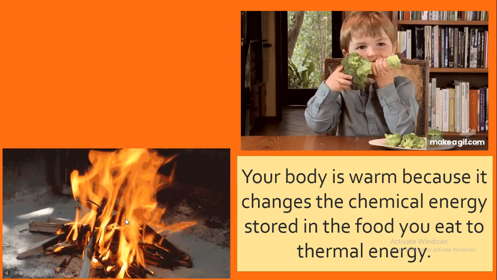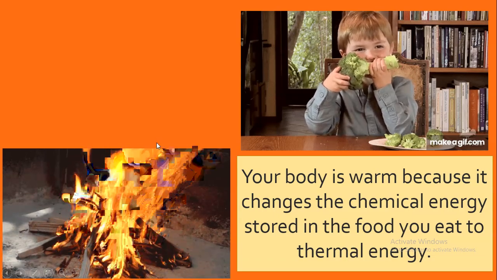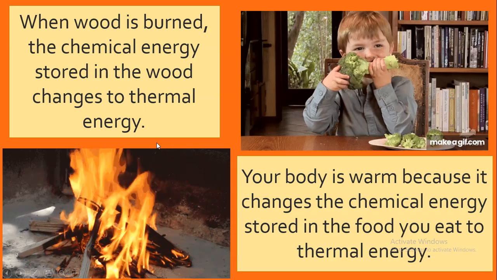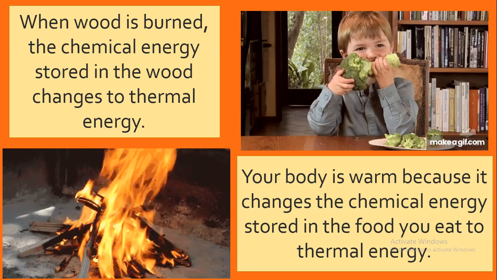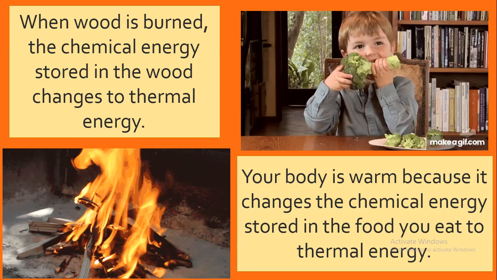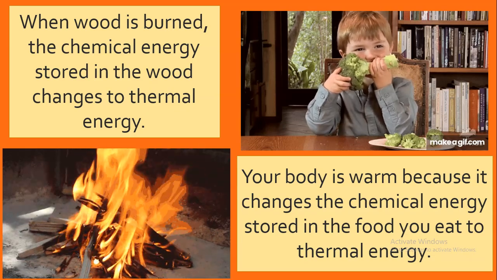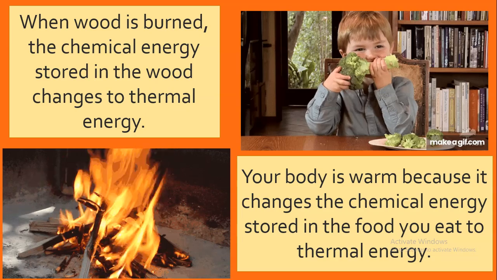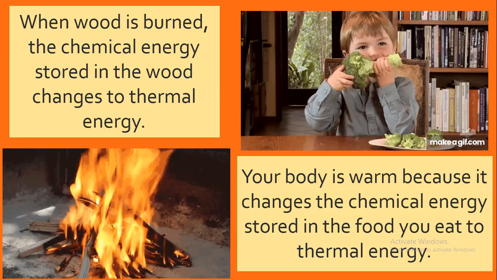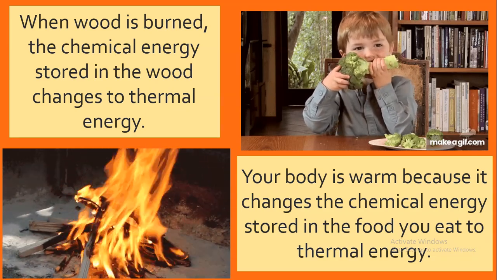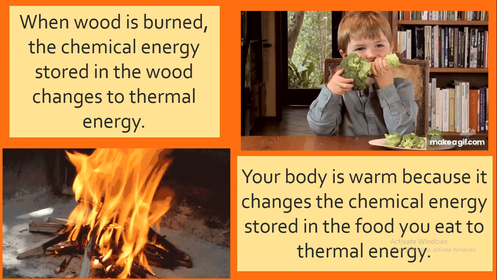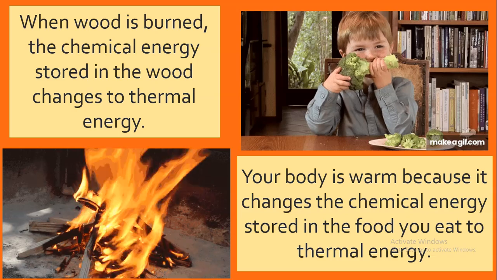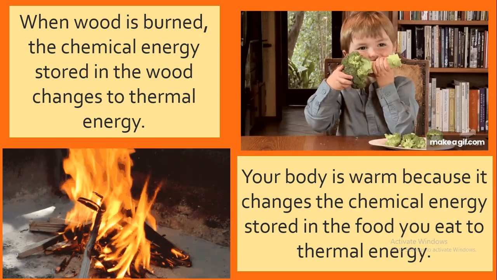When you burn wood to make a fire, the chemical energy stored in the wood changes to thermal energy. So this is how we produce thermal energy. Chemical energy changes to thermal energy, and solar energy from the sun changes to thermal and light energy.